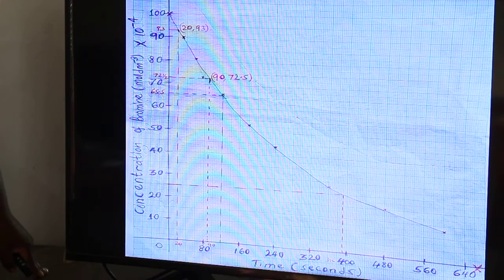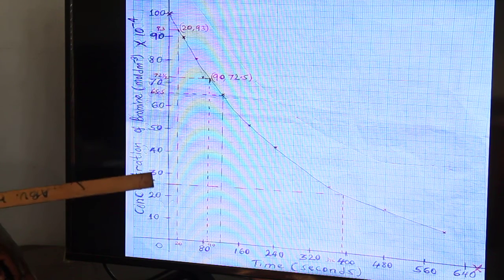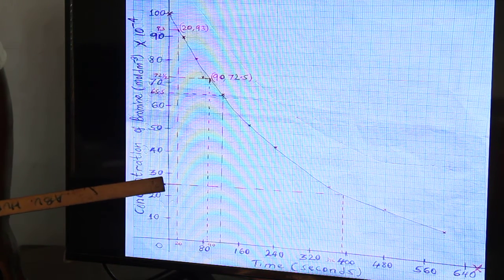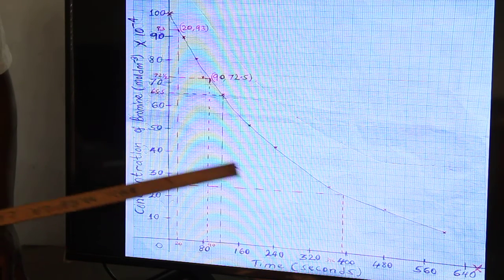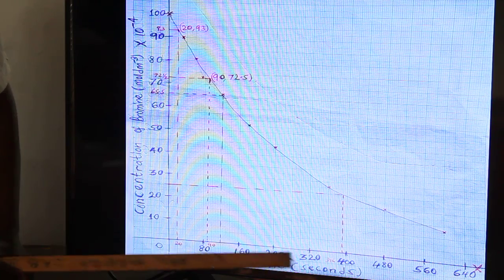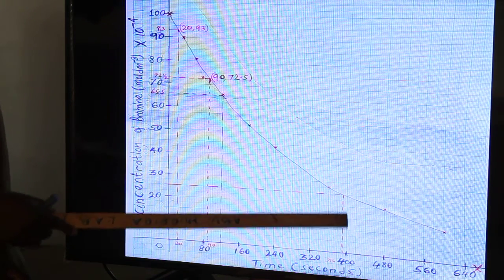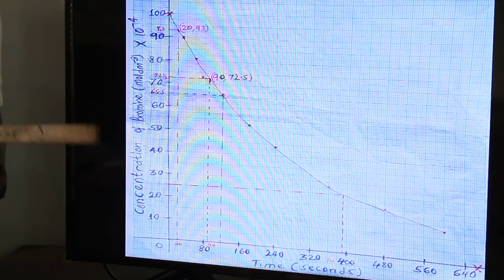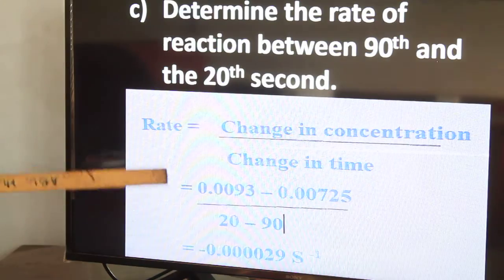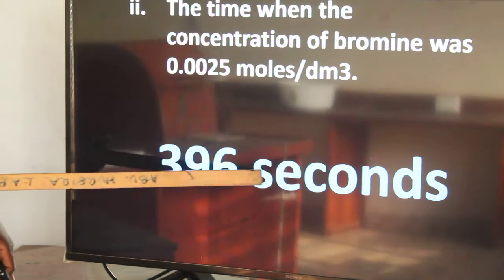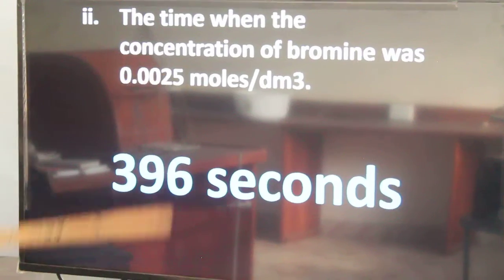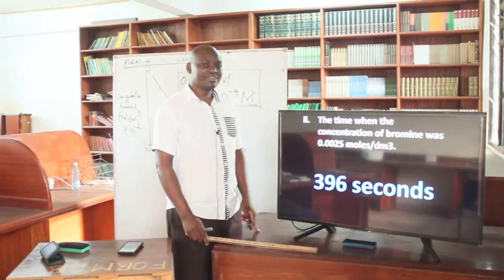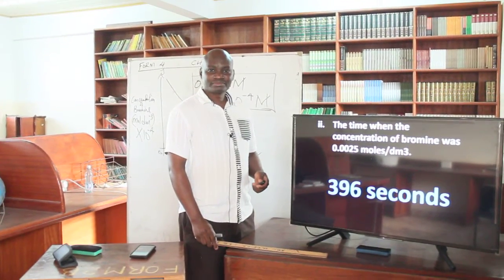You get 396. So when the concentration is 25 times 10 to negative 4, which is 0.0025, the time taken will be 396 seconds from our graph.